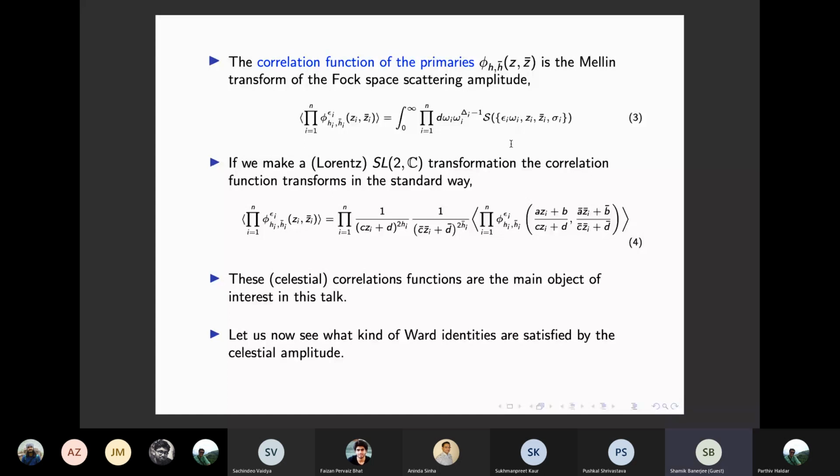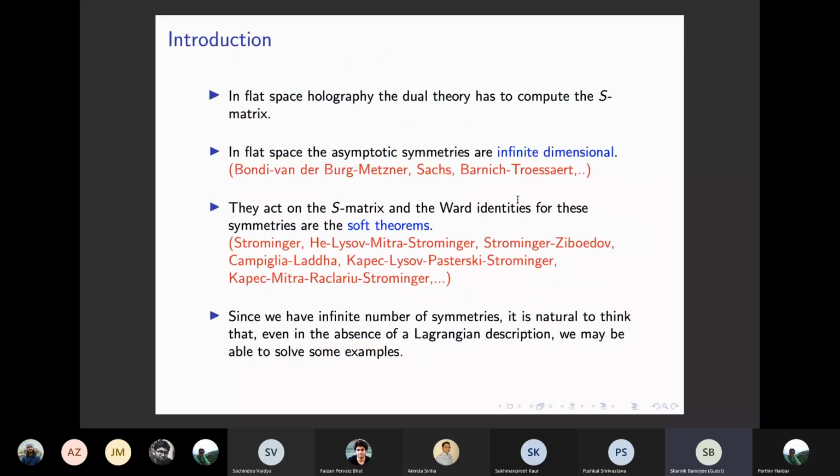Okay, so now let's look at what kind of Ward identities are satisfied by these correlation functions on the sphere. As we said in the beginning, one of the standard things in this field is that the Ward identities for these symmetries are the same as the soft theorems.